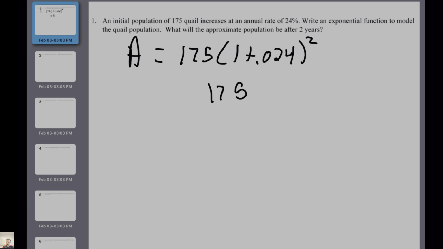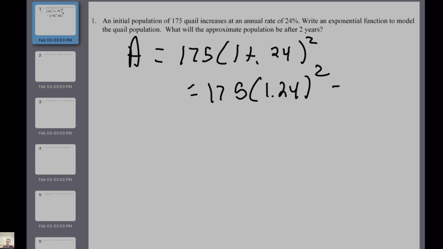Because it says it's growth, it increases, so it's plus. Oops, unedited version is what you're getting. I'm not going to edit this mistake that I made here, so it should be 0.24. So 1.24 squared.